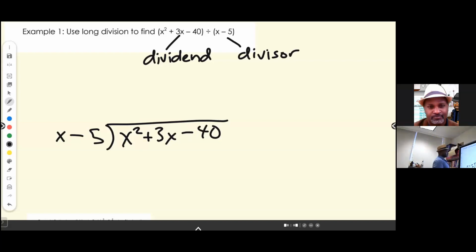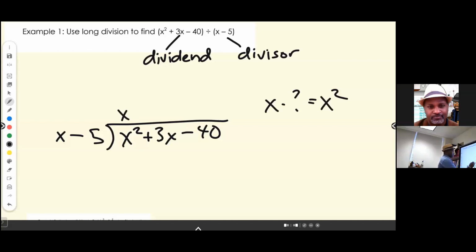To get started, let's look at the leading coefficient here. How many times does x go into x squared? In other words, x times what is equal to x squared? Well, x times x is equal to x squared.